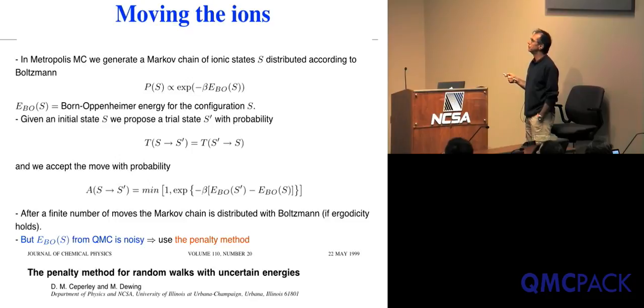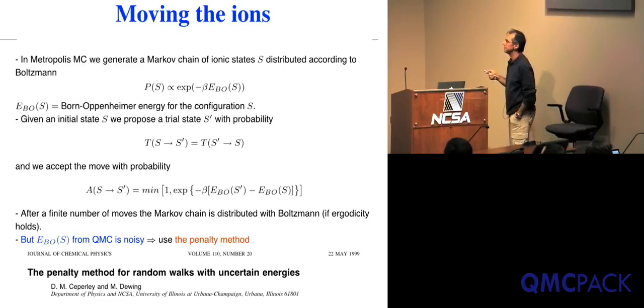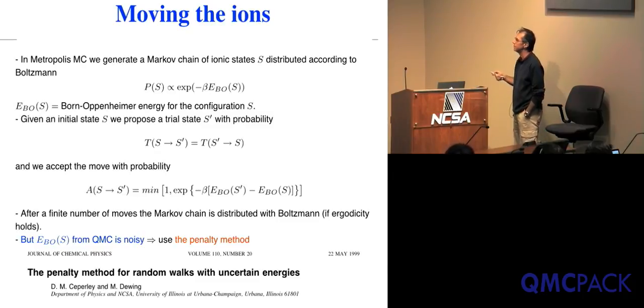Normally, what you should do in Metropolis Monte Carlo is propose a new configuration with some transition matrix, and in the simplest form, this transition matrix is symmetric, and then you accept or reject with this rule. If you go downhill, you always accept. If you go uphill, you accept with this probability where the difference between the two Born-Oppenheimer energies appears.